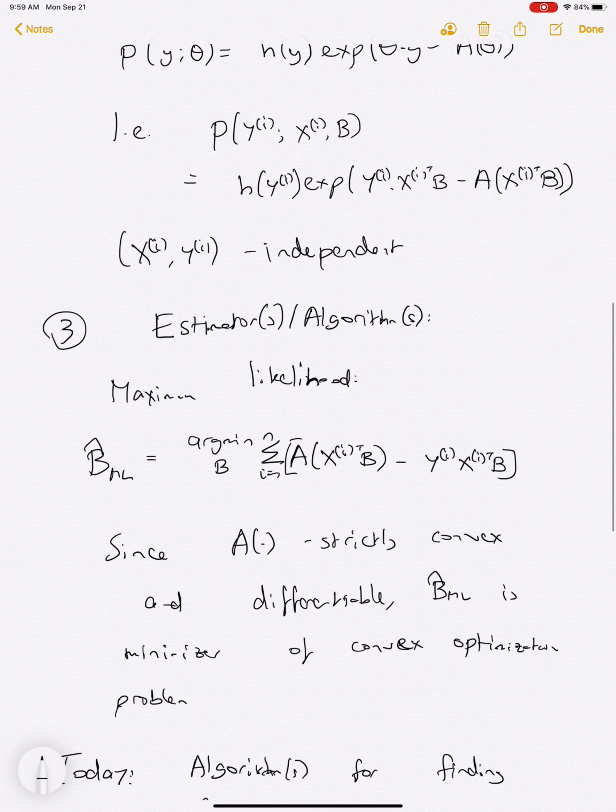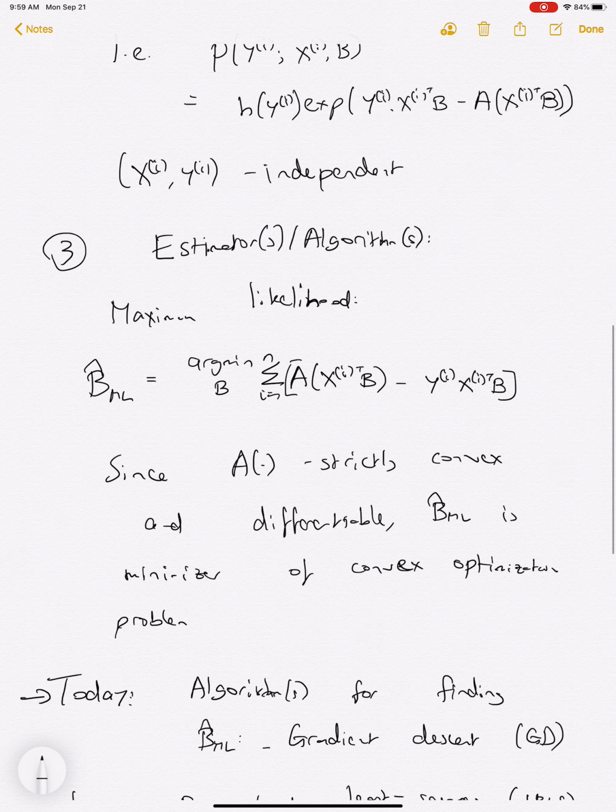In the previous lecture, we talked about maximum likelihood estimation. A natural choice for estimation when you know the distribution is maximum likelihood estimation. What I've written out here is the negative log likelihood.